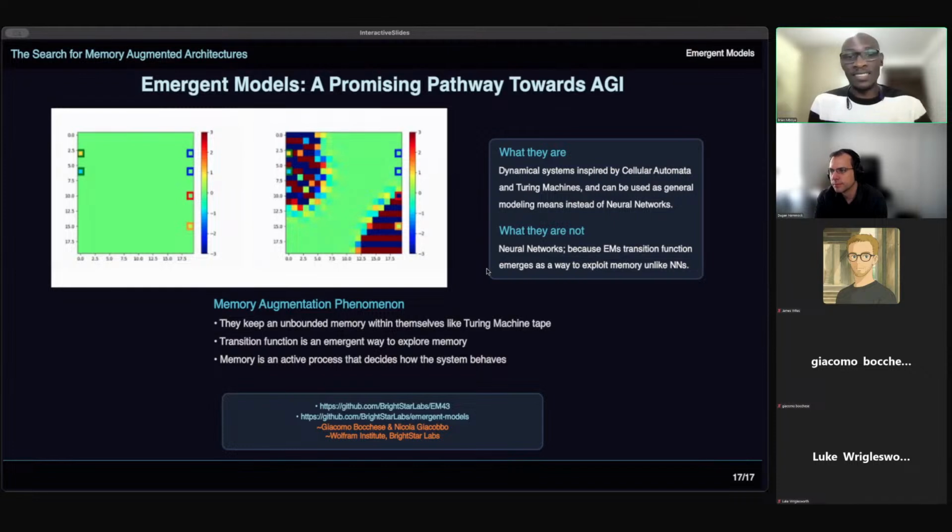So as the system transitions from one state to another, or explores this memory palace, that is a form of exploring memory, right?